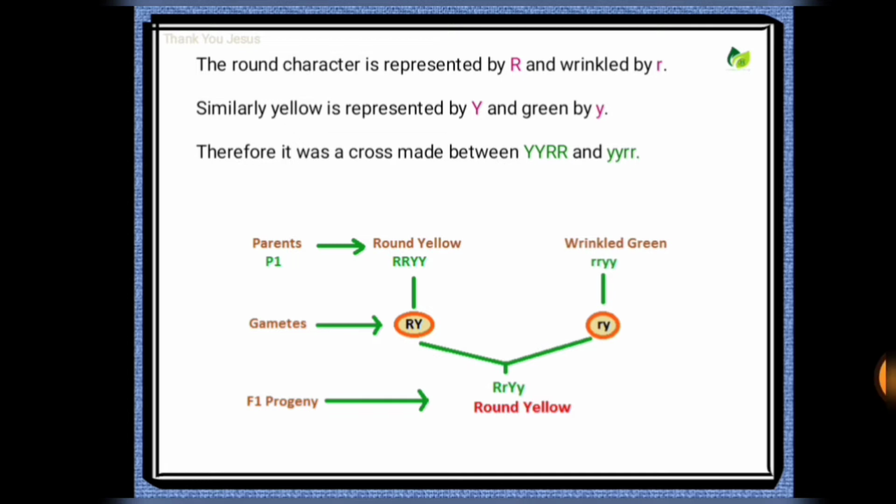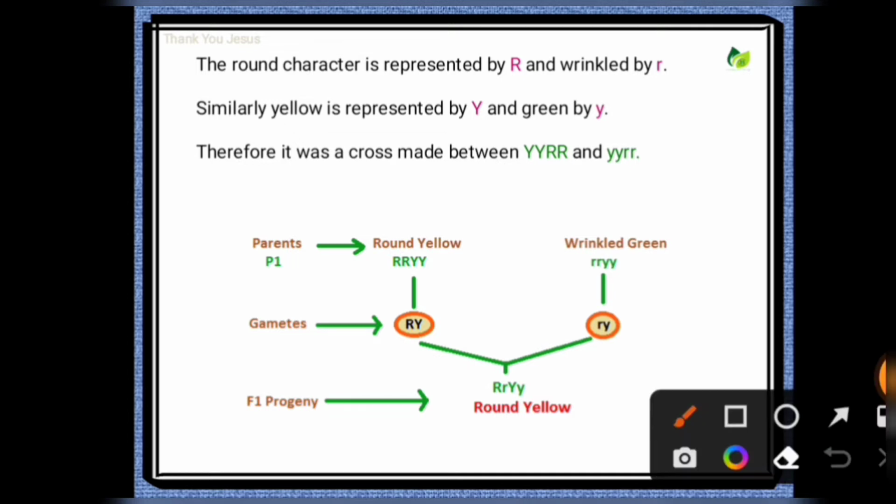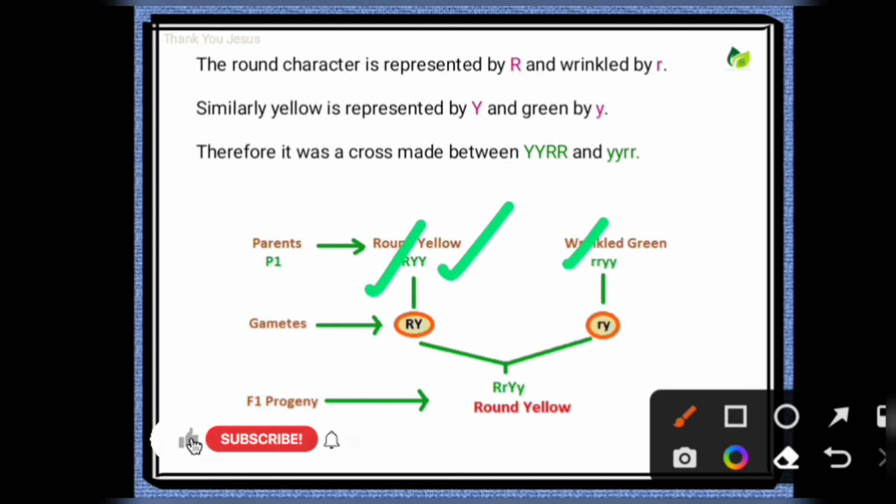The round character is represented by capital R and the wrinkled character by small r. Similarly, the yellow character is represented by capital Y and the green character by small y.